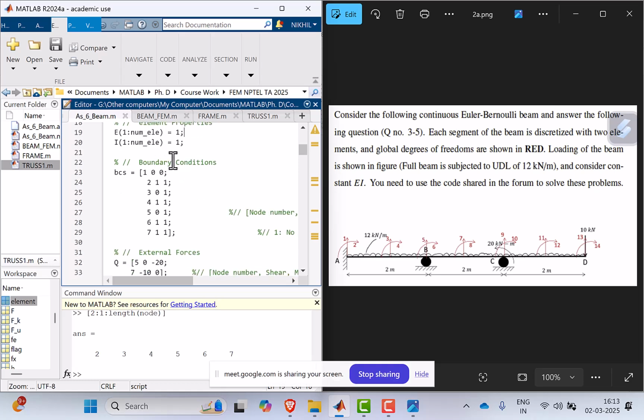The next is the boundary condition you have to specify. Let's observe what it is. Boundary conditions need to be decided at each node number.